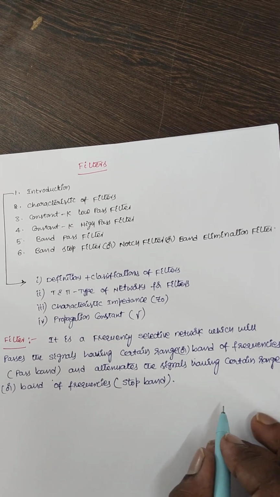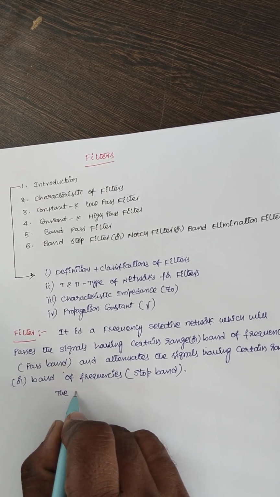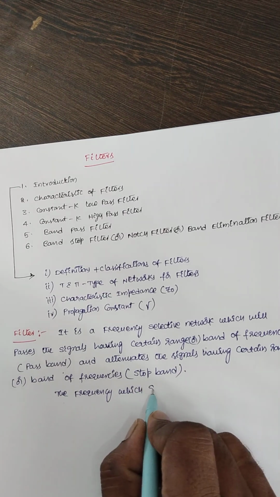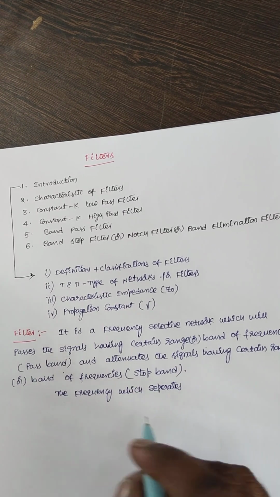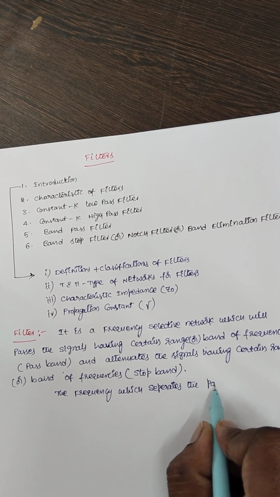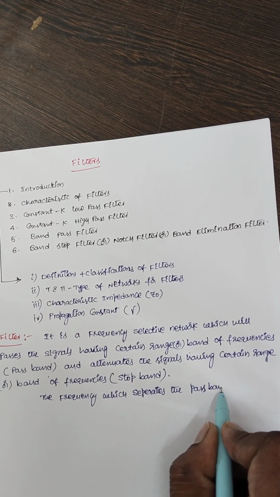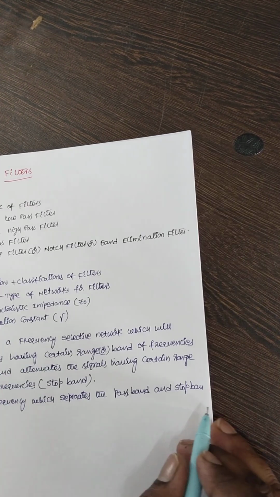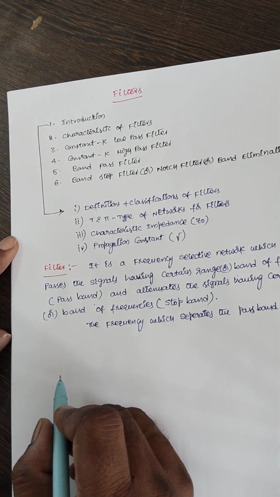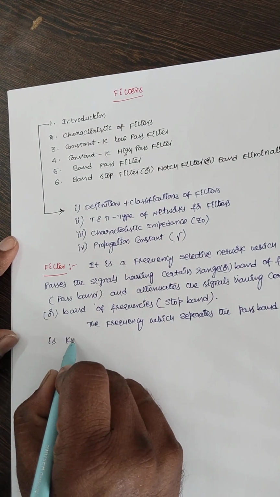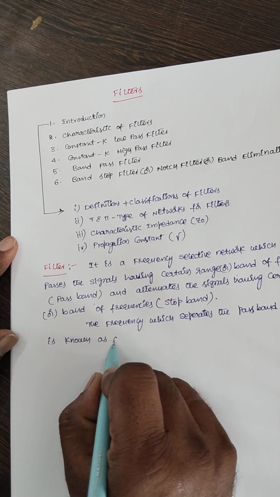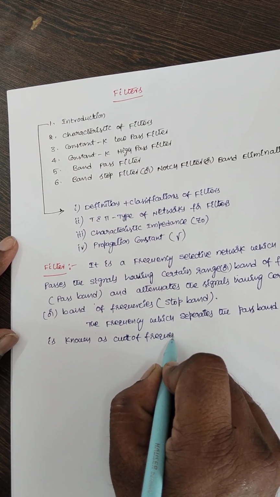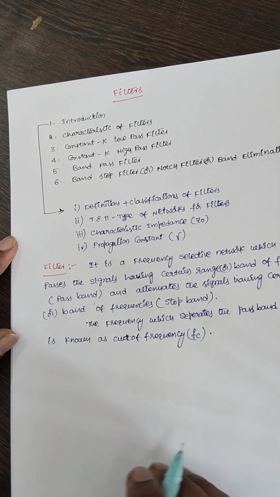And the next thing here is the frequency which separates the pass band and stop band, which is known as the cutoff frequency. Normally it is represented with fc, the cutoff frequency.